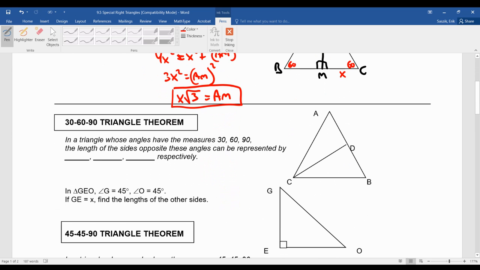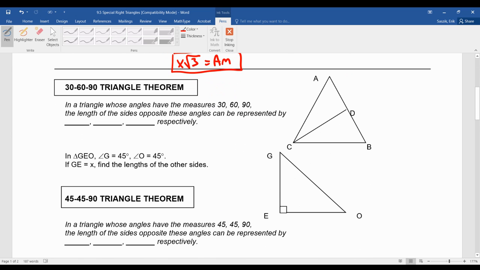Makes life real easy. So here we'll sum it up. In a 30, 60, 90 triangle, we call this 2x, that's x, this is x root 3. That's what we just did.